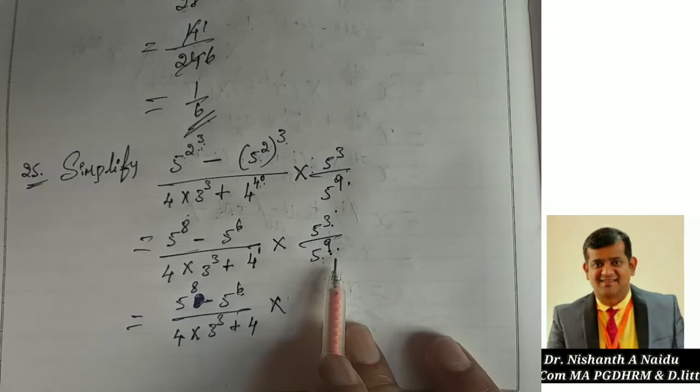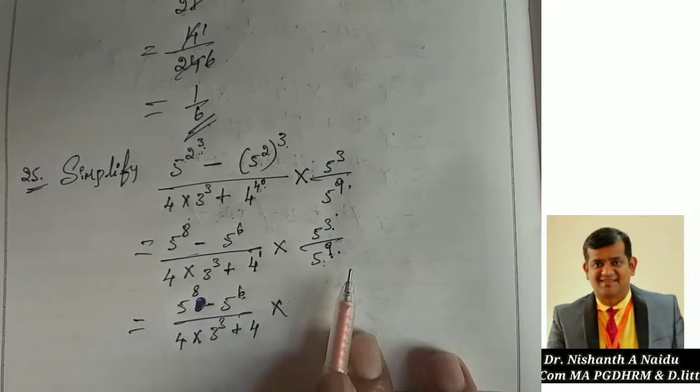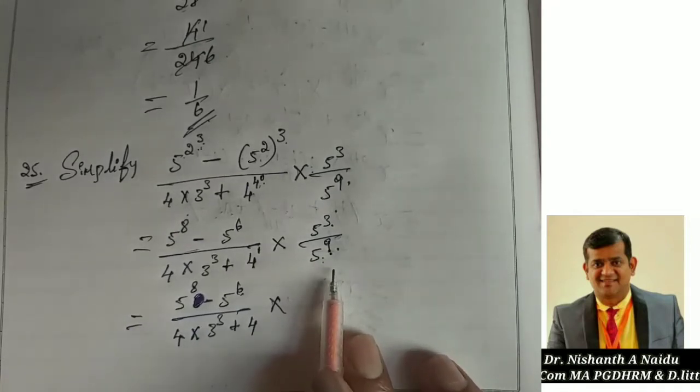So how much will we get now if I do that? 1 divided by 5 to the power 9 minus 3, that law only we are applying. If you want, you can see indices law 2. In that I have clearly told when n is greater than m what we are going to do.